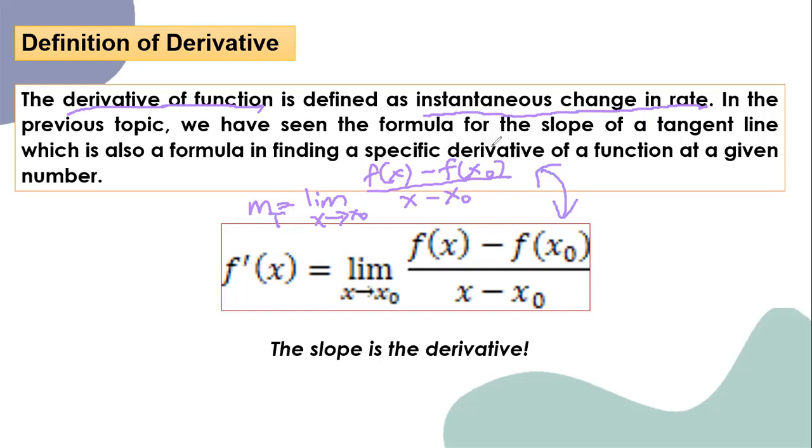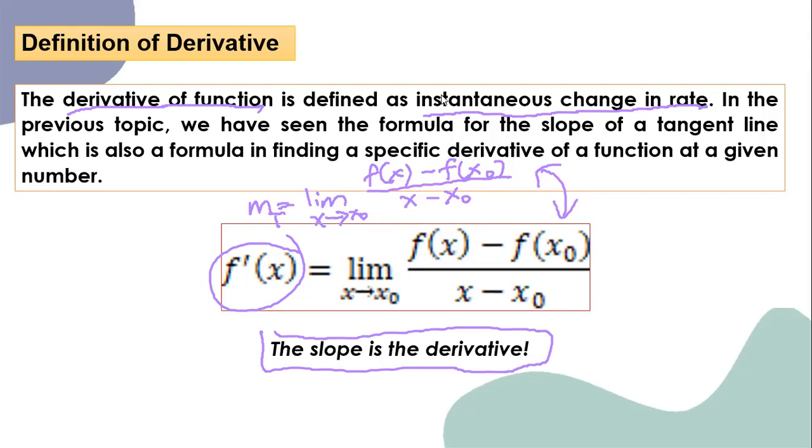Okay? So yung slope of the tangent line is also the derivative of the function at a given number. Okay? So yun pala yun. So the slope is the derivative. Nakuha na natin kanina yung derivative ng function natin at a given point.